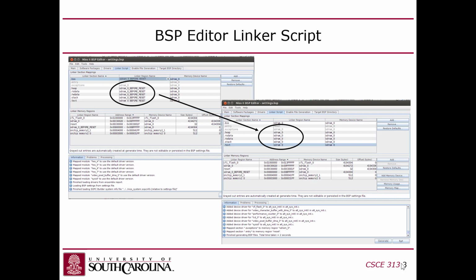The middle pane are your memory regions. The purpose of this linker script is to map each of the ELF sections to a corresponding memory region. If you just use SDRAM 0 or SDRAM controller 0, or whatever the name is, it's fine. But if you have that underscore before reset suffix on there, that's when it causes problems. So make sure you check that. Once you set it once, you don't have to worry about it again.